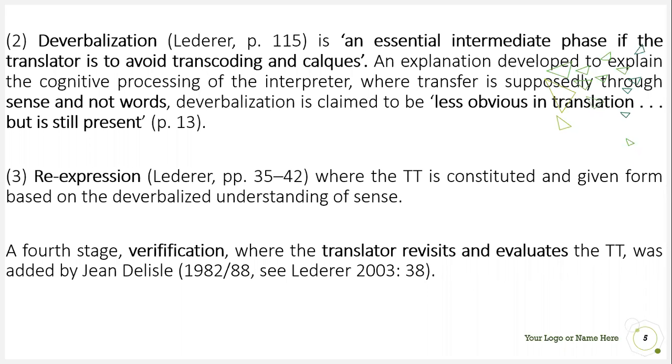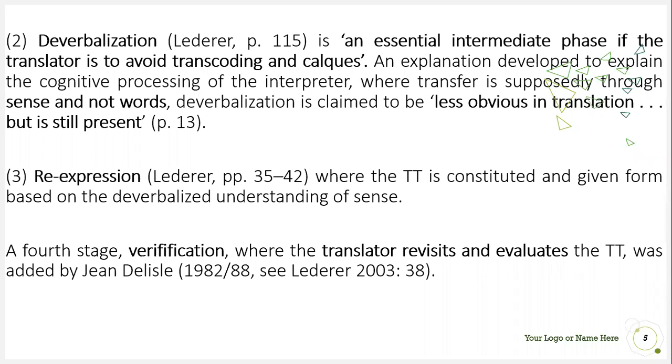So you see the essential intermediate phase, that is, a translator will go through different kinds of phases. Intermediate means while he is translating, in the middle of the translation, he will try to avoid transcoding and calcs. You remember what is calc?